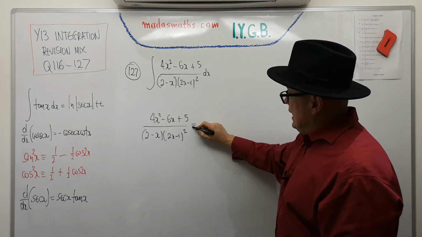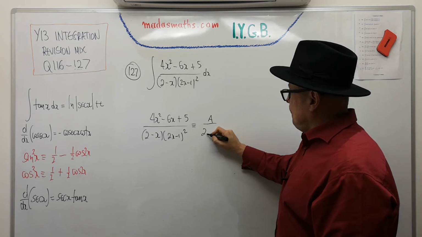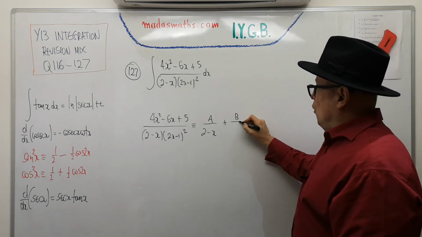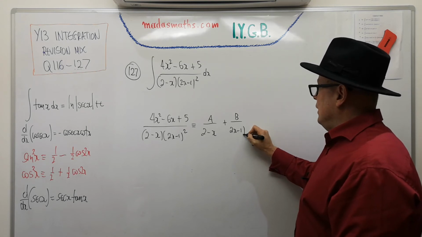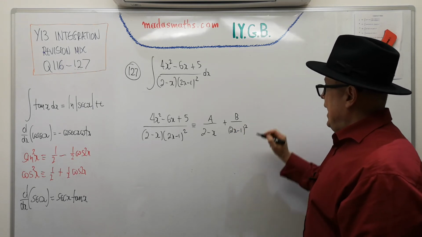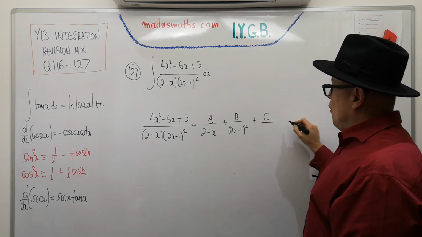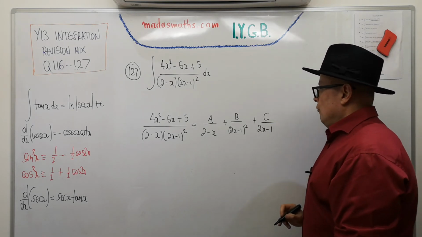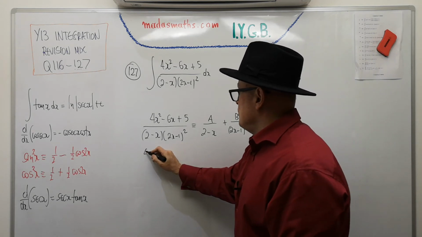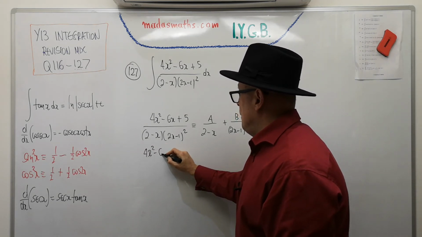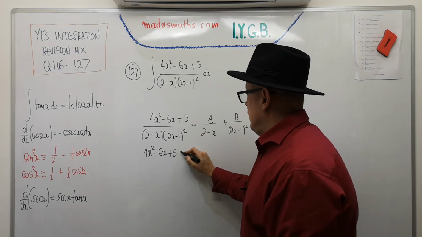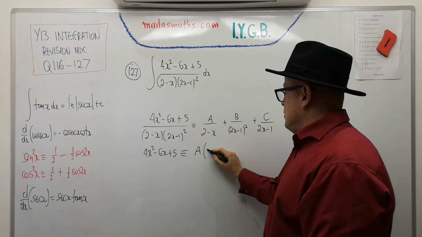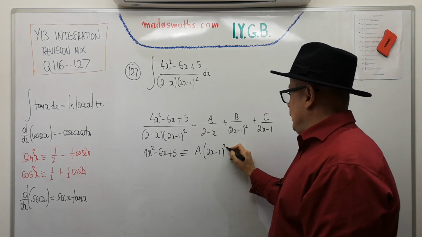Okay, identically equal to something over 2 minus x plus something over (2x minus 1) all squared, and possibly something over 2x minus 1. So equate tops: 4x squared minus 6x plus 5 is identical to a, from this bit here, you need to take the full (2x minus 1) all squared.